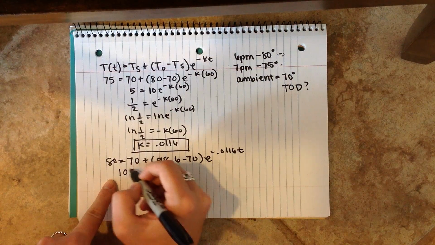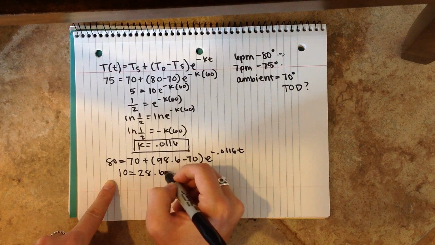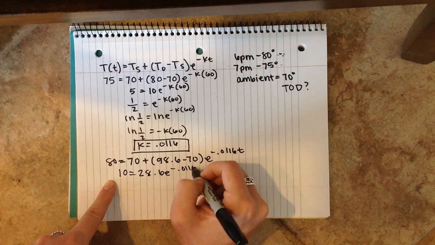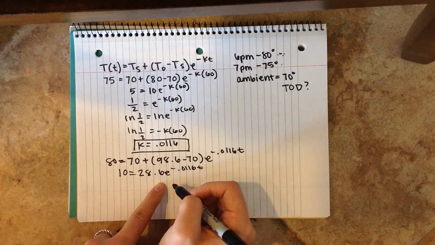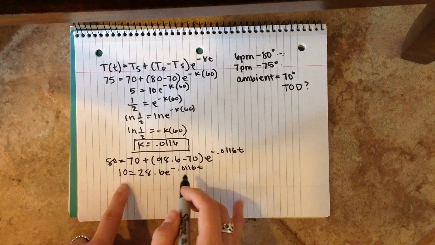The exponent is negative because it's decaying. Simplify this down to 10 equals 28.6 e to the negative 0.0116 times t.